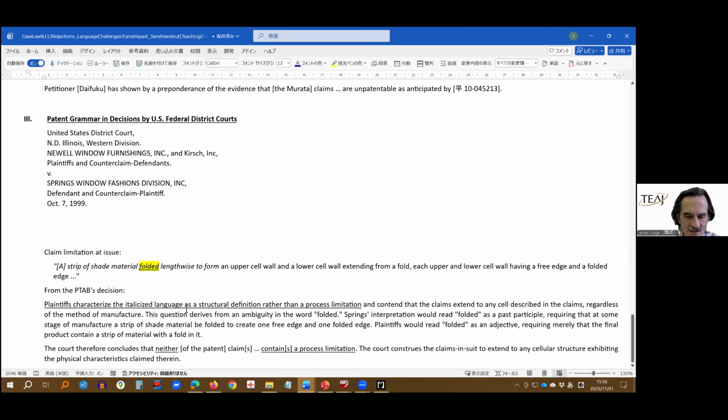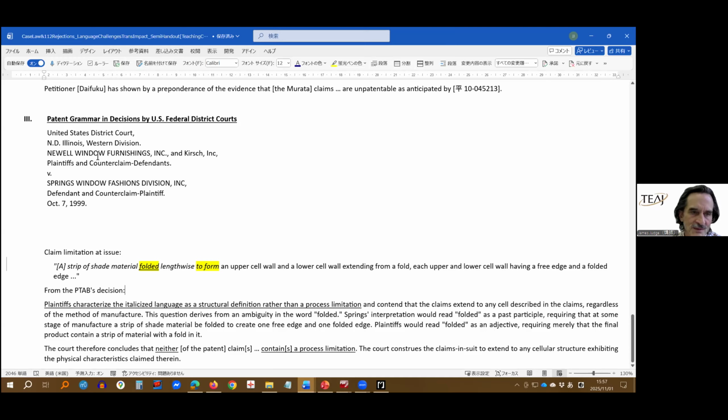But it's interesting because the case talks about participial adjectives, in this case the word folded. In particular, folded to form, which is a very typical kind of recitation you might see in Japanese, oritatande keisei suru or something like that, right? I would just leave this as a reference for you translators to look at.